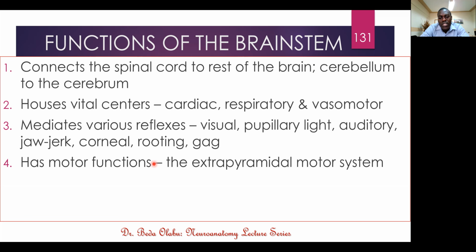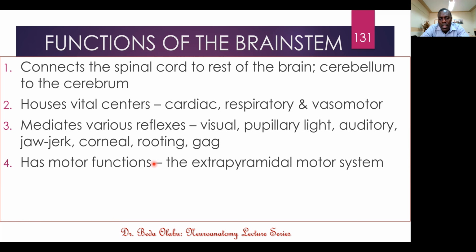The upper motor neurons that do not come from the cerebral cortex constitute what we call the extrapyramidal system. This extrapyramidal system is largely controlled by the basal ganglia that we've already talked about, as well as the cerebellum.